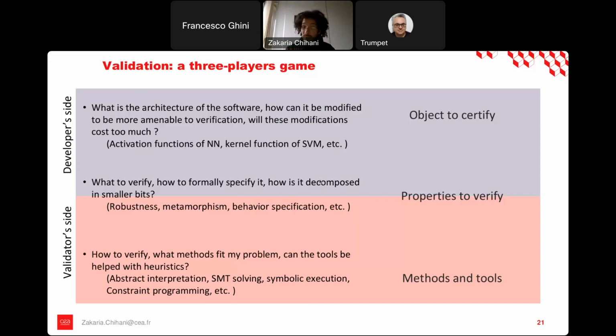You have to formally express it so that a prover based on logic and math can understand it and deal with it. And so there's a lot of work that's dedicated to taking this high-level property or specification and then bringing it closer and closer to what a machine can understand.